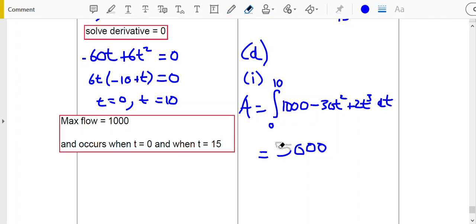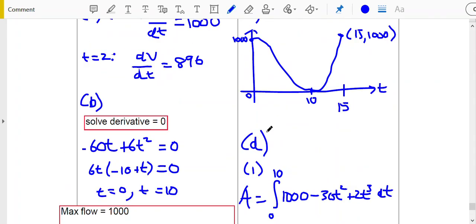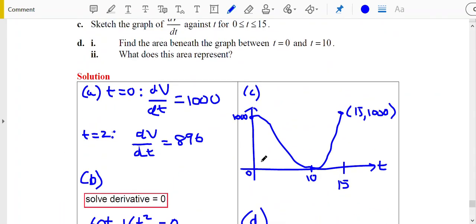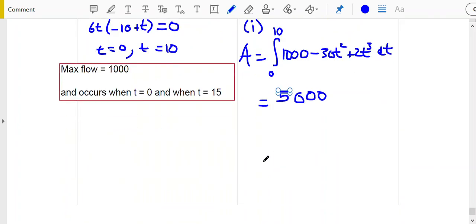Then I finish the question off, which is part D, part 2. What does this area represent? So I've got to think about what the area under this curve represents when it's talking about the rate of flow.